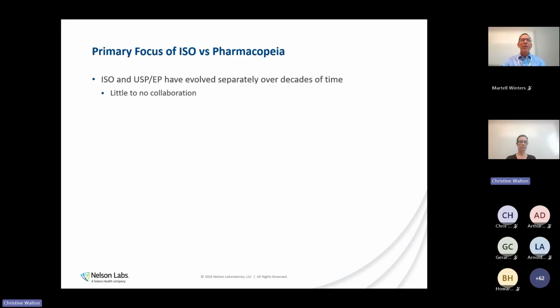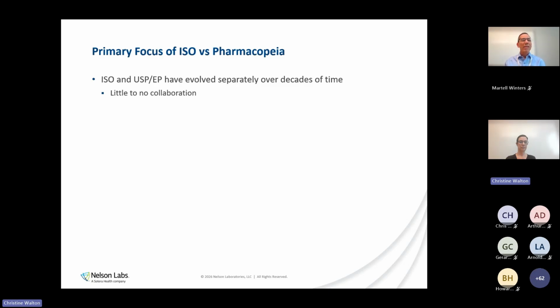So if we look at the primary focus, just to set the foundation here, when we're looking at ISO versus any of the pharmacopoeia, and I don't know all the countries that are represented here, but when we talk about pharmacopoeia, we largely use USP EP just to cover the bulk of those that are likely on here. But I'm sure there are some of you who might have your own country's pharmacopoeia, and it might read differently than what we're used to here with the USP and EP.